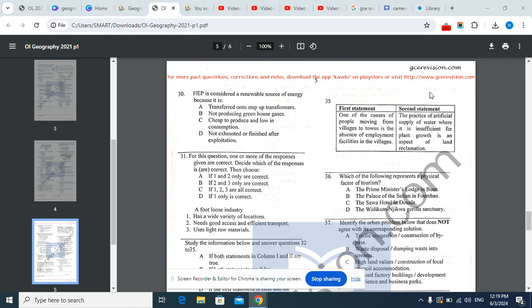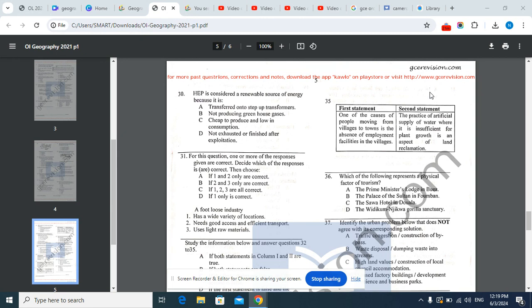Question 36. Which of the following represents a physical factor of tourism? The answer is D. Question 37.